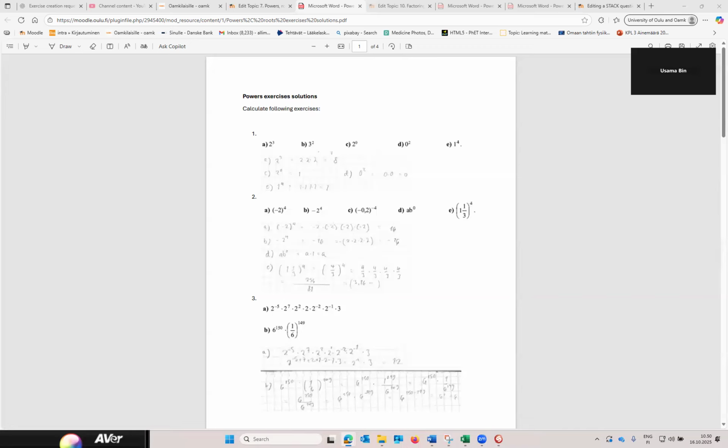I could have swapped it earlier, maybe not. So then I would have 10 in the power of 4, and still -2 in the power of 4. Okay, but if this is a minus and I have an even power, then it will be anyway positive.